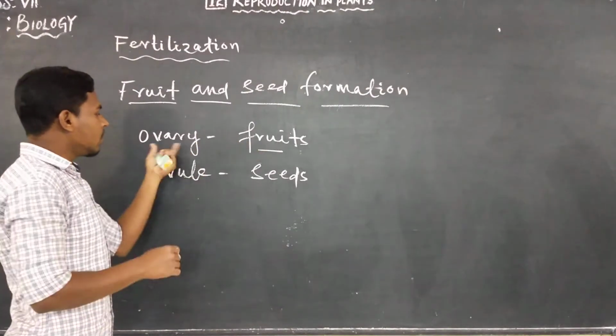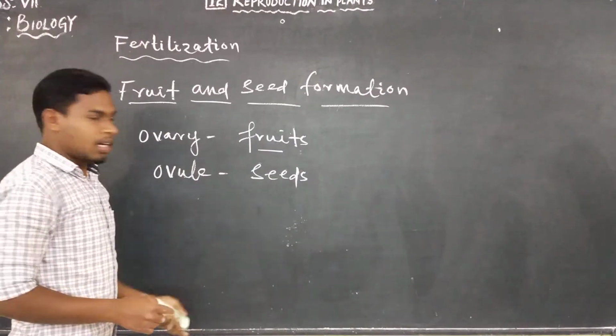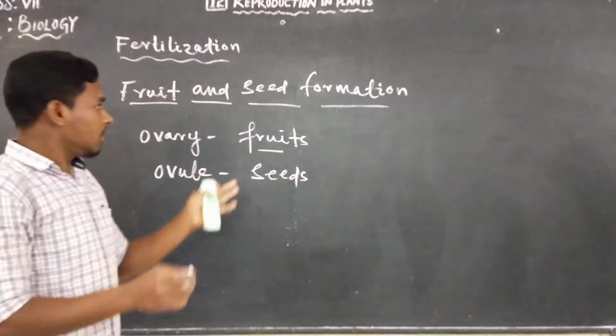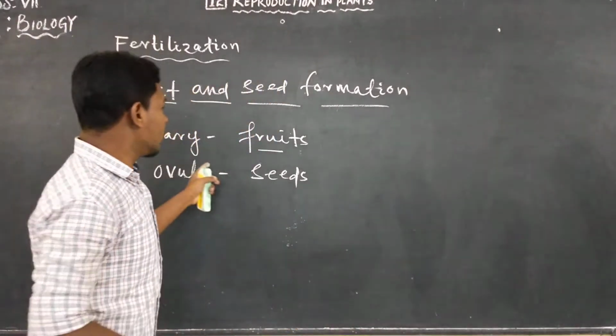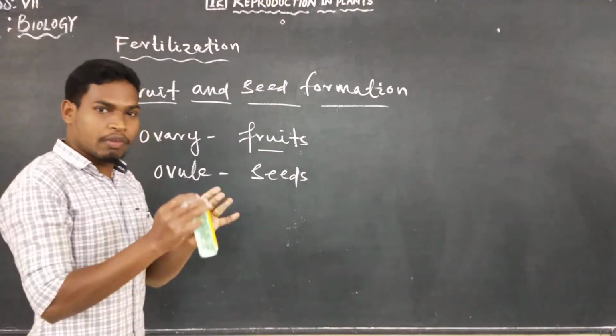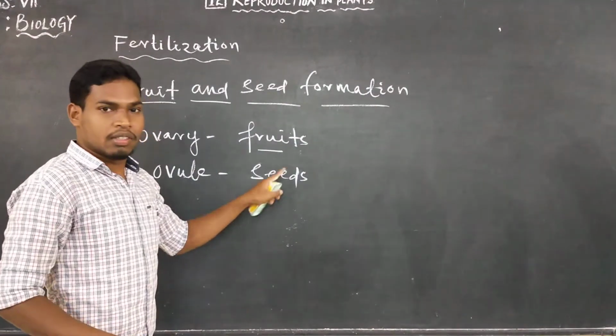That means fruit is the ripened ovary and seeds are formed from the ovule. After fertilization all floral parts fall off, only the ovary remains. Inside the ovary is the ovule. So the ovary turns into fruit and the ovule turns into seed.